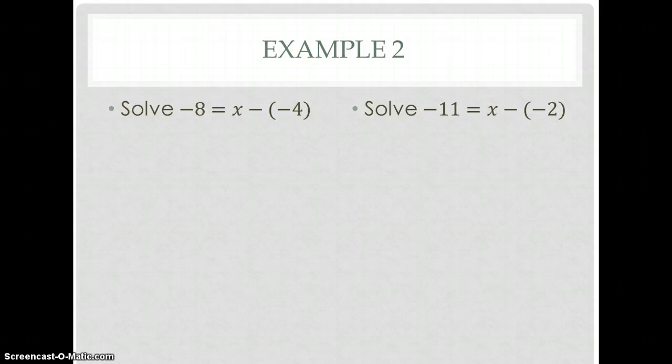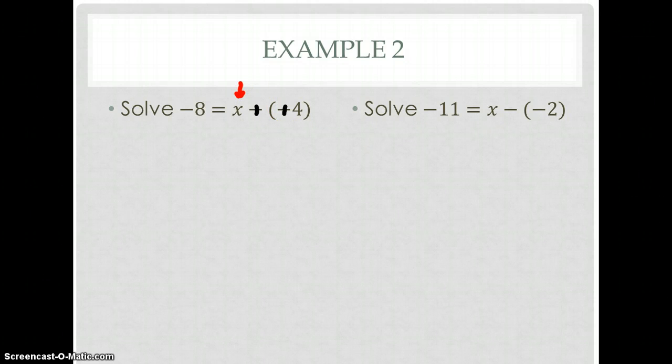Now again, still going to be about one step, but there's going to be a little setup here first with these ones. Again, we're trying to isolate our x. Now with that x right now, we have a minus a negative. Minus a negative, we always want to go through and change to plus, positive.